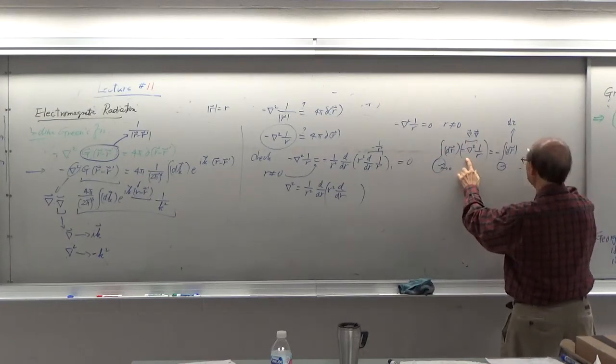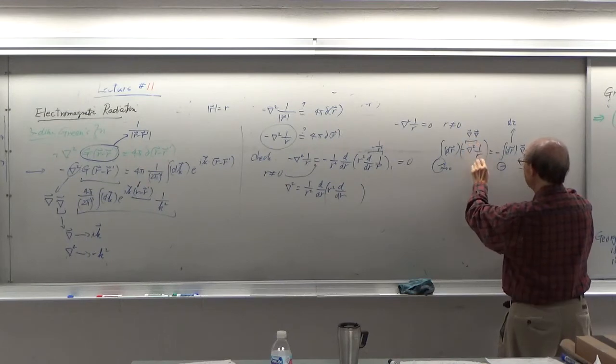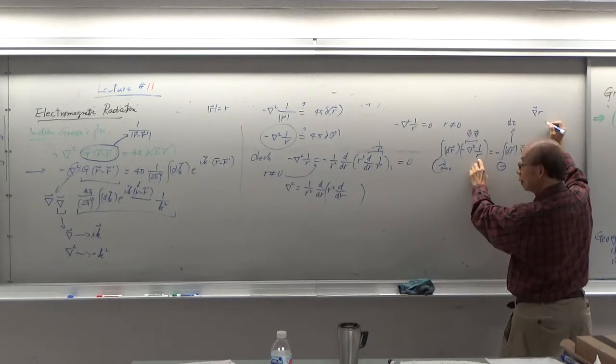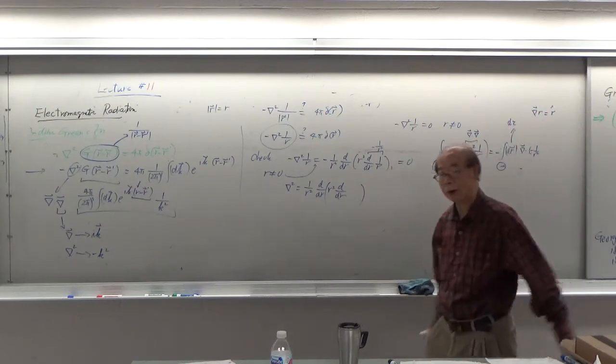And this is the divergence of the gradient acting on 1 over r. Of course, the gradient acting on 1 over r is nothing but minus 1 over r squared times the unit vector r hat.